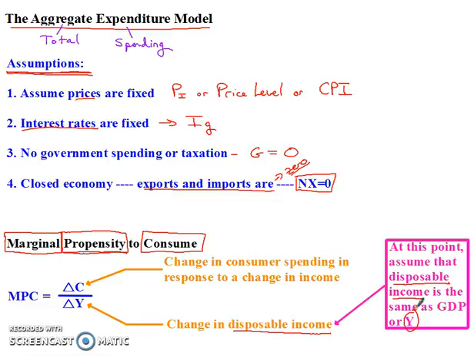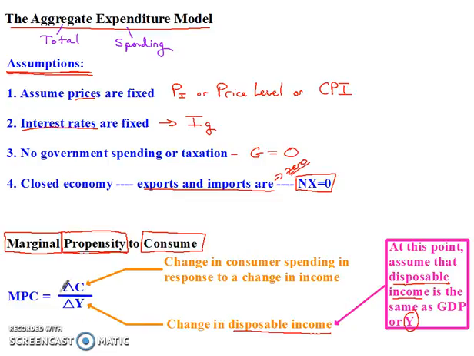That's close enough for what we're going to be doing in this model. What we're really asking is, when somebody makes one more dollar of income, how much of it is spent? How much of that additional marginal dollar is spent? So if I earn one more dollar and I spend 75 cents of that dollar, then my marginal propensity to consume would be 0.75.